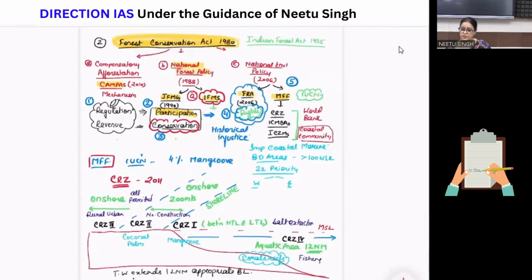So this is how it's a pilot project that has been integrated and can easily be applied with the approach of MFF. And I'm on repetition mode, which are the 5 pillars of the Forest Conservation Act in India. Number 1, Mangroves for Future. It is combined with coastal regulation zones, IMBAs and ICZM. Number 2, it is related to Forest Rights Act. Number 3, it is related to conservation involving IFMS and Forest Policy Division.